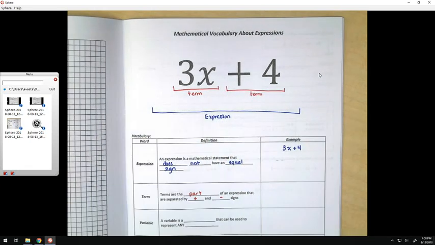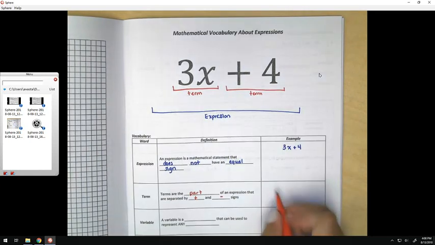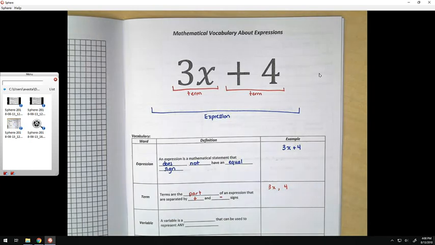If I were to list them, I would write 3x, and then a comma, because I'm making a list, and then 4. I don't usually write the plus if it's a positive number. The plus is kind of implied if it's not there.